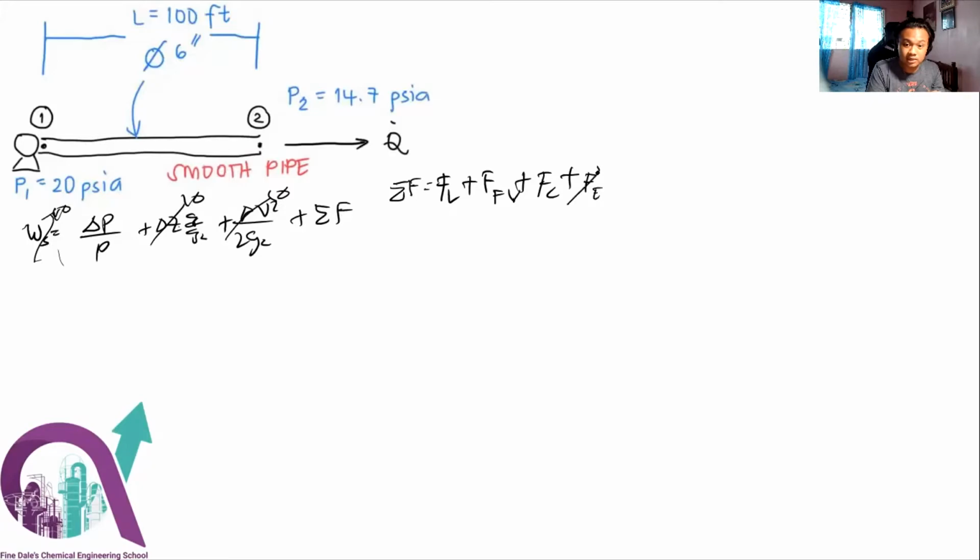As you notice, we don't have any of these. We only have the friction along the length of the pipe, which is equal to 2f, the friction factor, times the length of the pipe, times the velocity squared over gcD. Let's plug this into our equation.